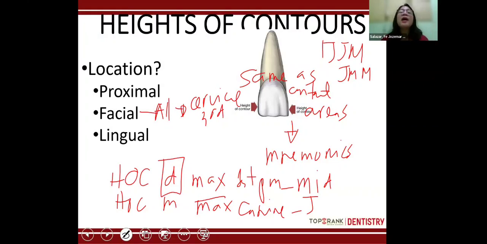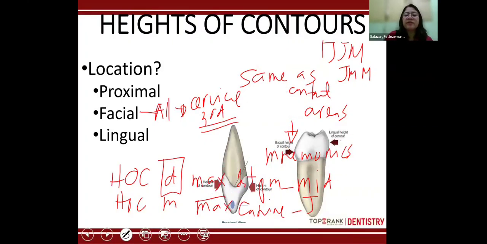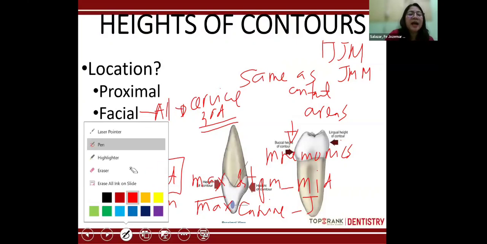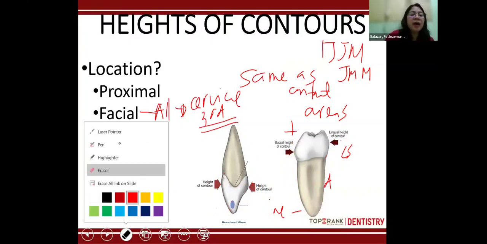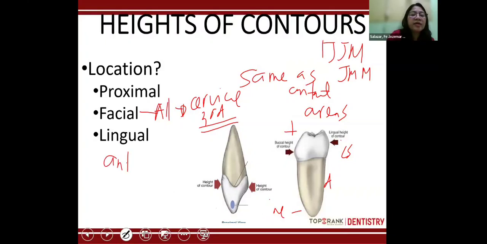Height of contour at contact areas, pareho ng location. Now, facial height of contour naman tayo. Nasaan? Cervical third. Okay? Pag lingual height of contour, magkaiba na ang anteriors at ang posteriors. Okay? So kapag lingual height of contour sa anteriors, cervical third pa din.